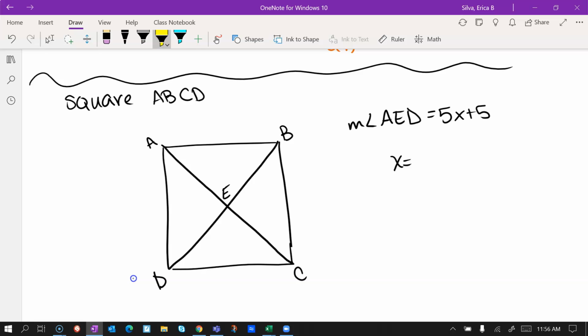So we have A, then we go to E, and then we go to D. So we're looking at this angle right here. What's the measurement of that angle again, if this is a square?